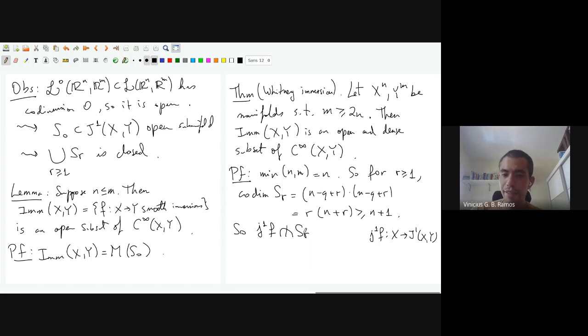I'm trying to intersect it with a submanifold whose codimension is too big, so it doesn't have enough dimensions to intersect transversely. Because this codimension is bigger than or equal to n plus 1, this transverse intersection can only happen if they don't intersect at all, equal to the empty set. Is that clear? This is a very important point, because that's where you use the dimension condition.